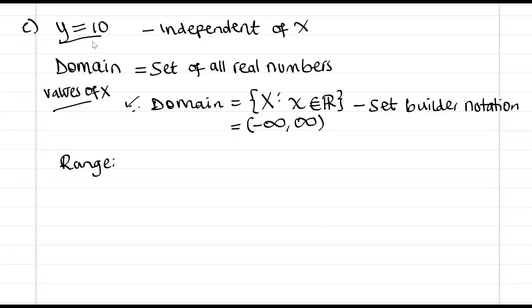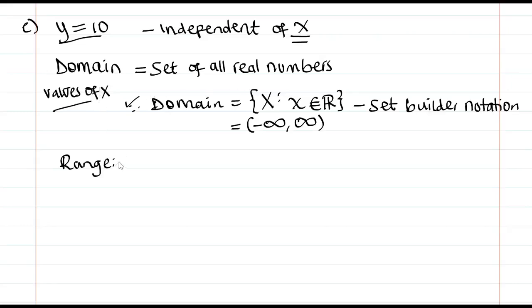If you look at this question, we have said it is independent of x, so there is no x here. That means this function is not affected by change in x, and that's why we said any real value of x gives us the domain.